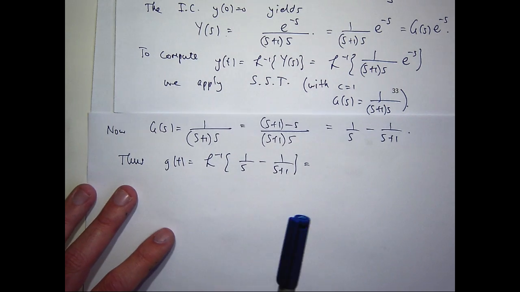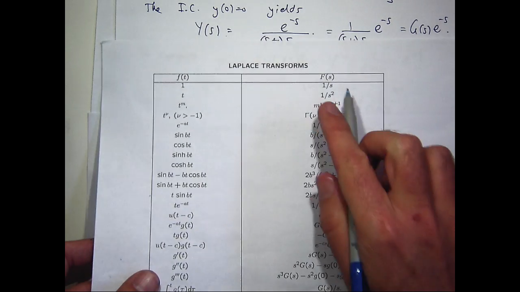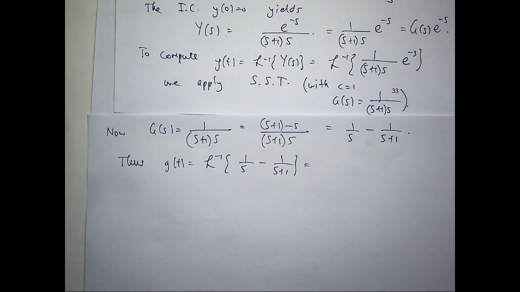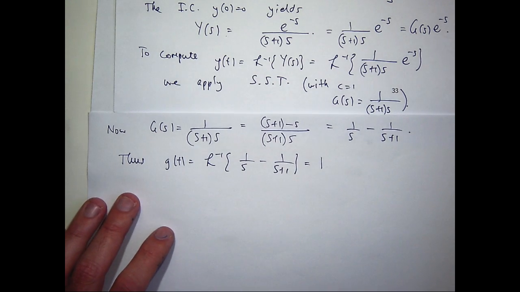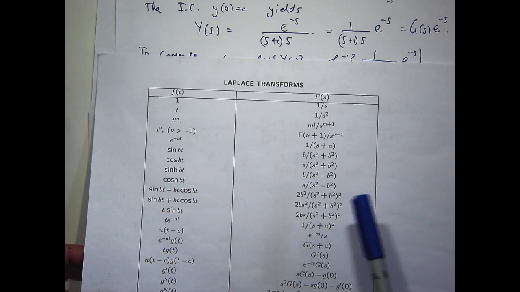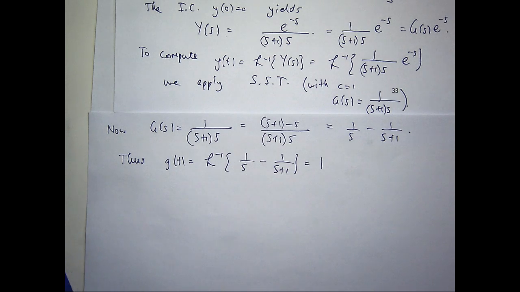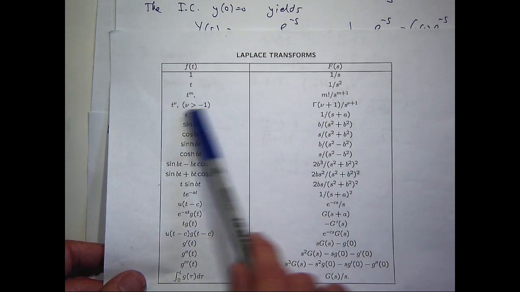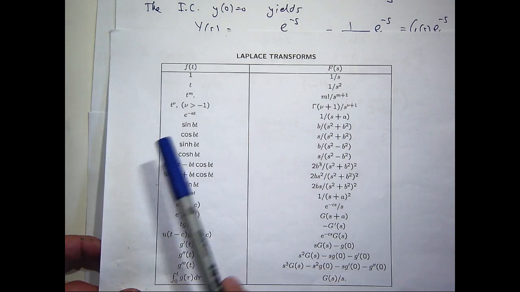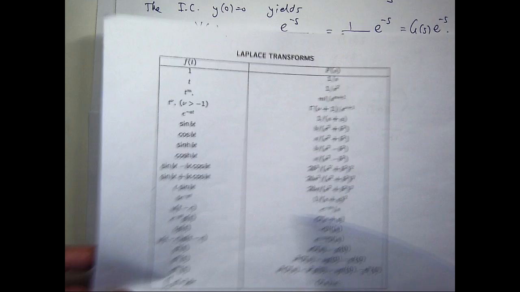So the inverse transform of 1 on s, if we look at our table, is just 1. And how do we take the inverse transform of 1 on s plus 1? Well, it's going to be something like an exponential, right?